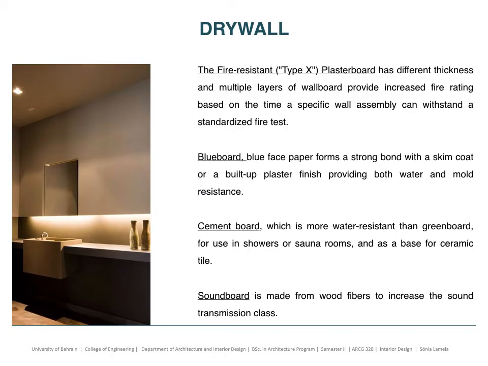At the same time, we have the type X plasterboard, the fire resistant, also with different thicknesses. They have multiple layers of wallboard to provide or increase the fire rating in a specific wall.